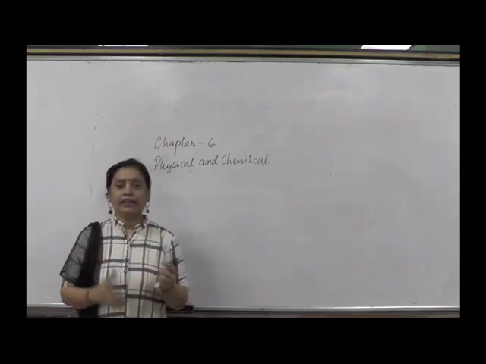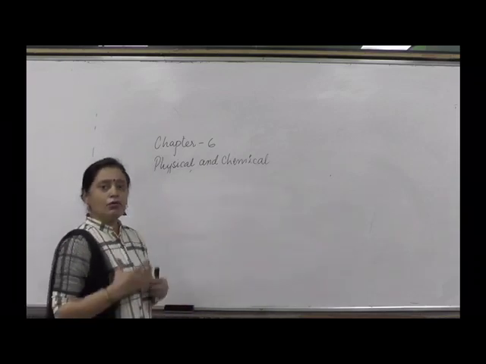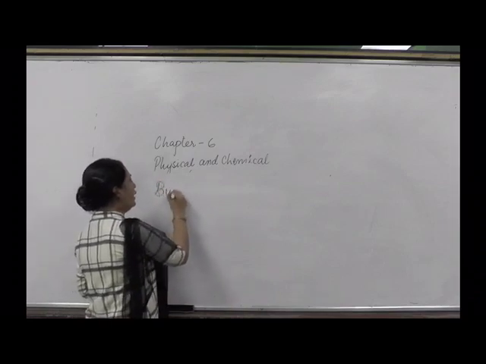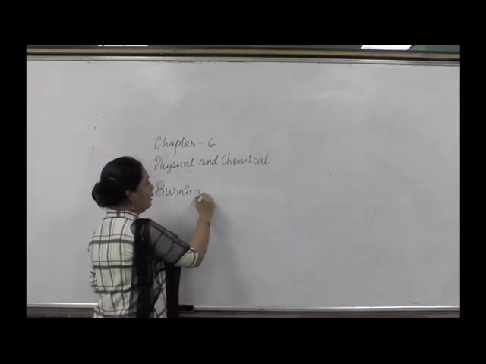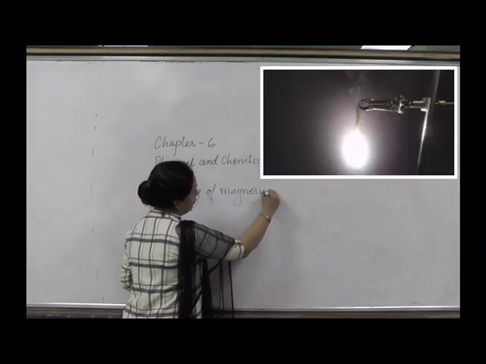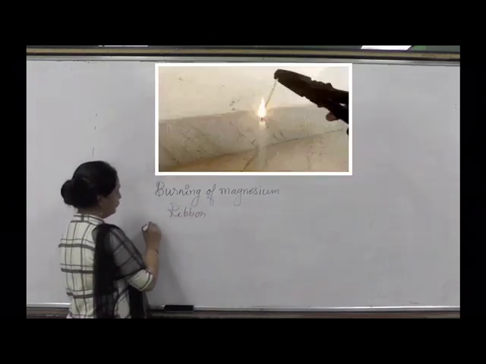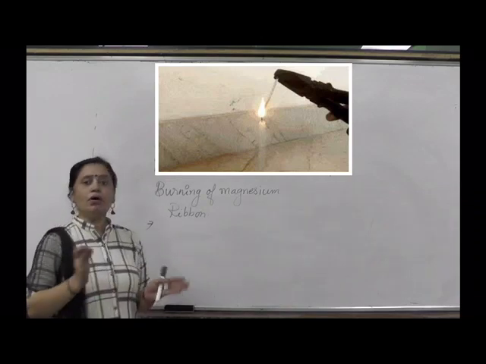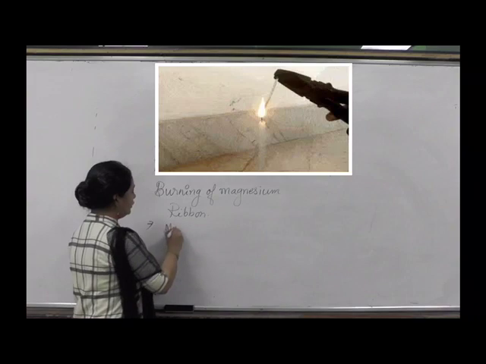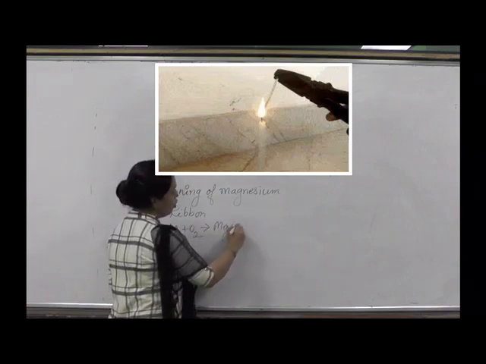Next, as we discussed different aspects of chemical changes, a few more examples are there, that is burning of magnesium ribbon. When we burn the magnesium, magnesium reacts with oxygen and gives out magnesium oxide.